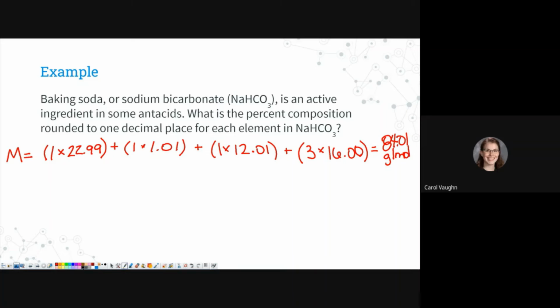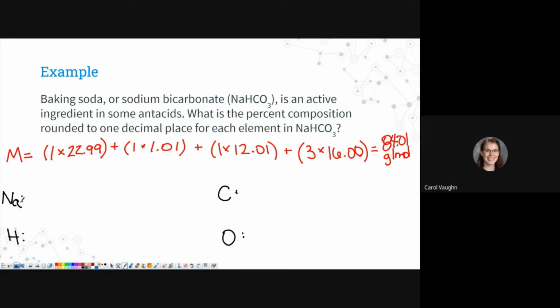Okay. So we're going to treat each element separately. But we're going to use the same equation, we're just going to use the numbers that only relate to that element. So the top says we need the mass of the element that's in this compound.